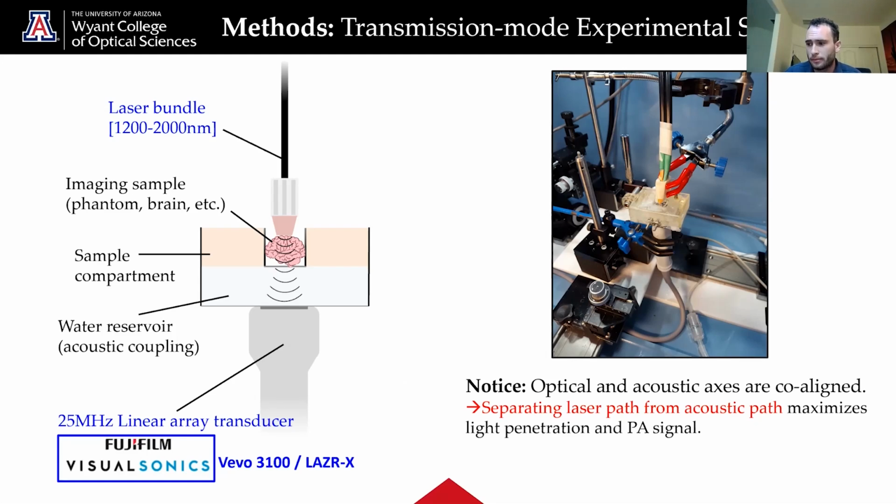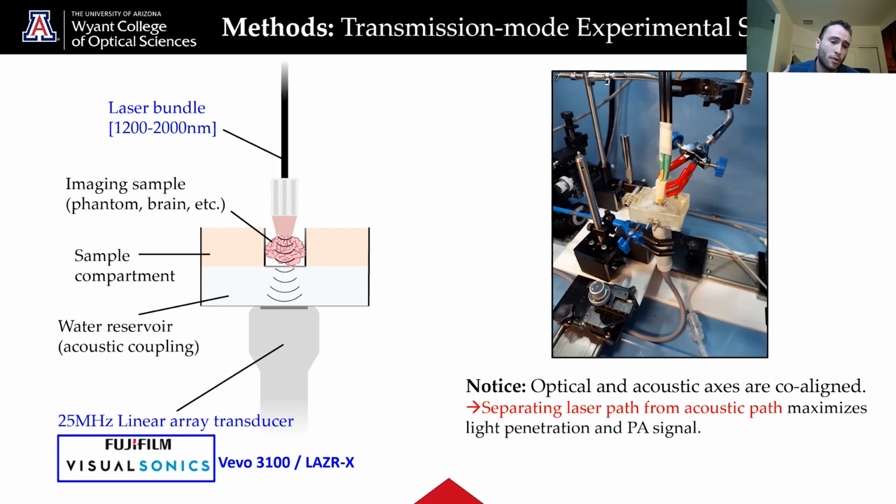It's important to have the optical path through air because traditional acoustic coupling medium, let's say agarose or ultrasound gel, are mostly water-based. There are some rubber-based ones, but the ones I'm speaking of are mostly water-based.